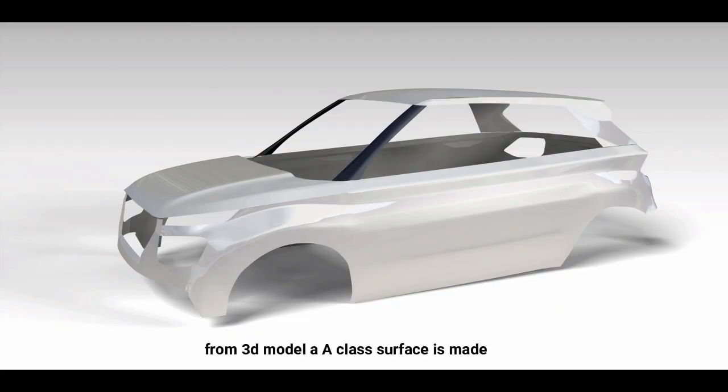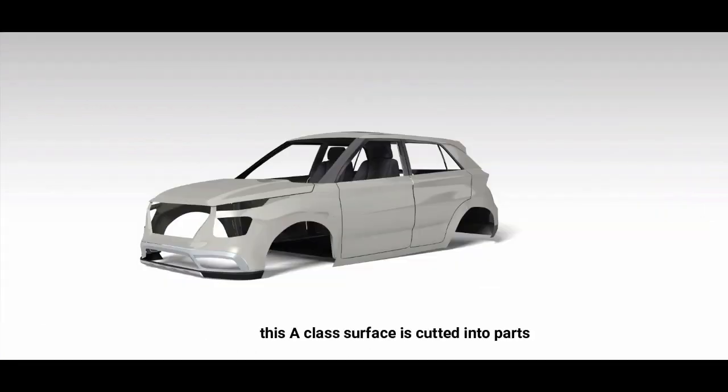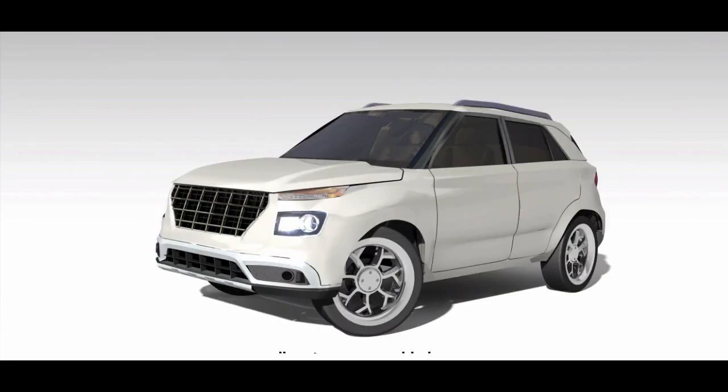After conversion into a Class A surface, this is what a car looks like. Now many parts are cut from it and a chassis is made, and these parts are again assembled over it.